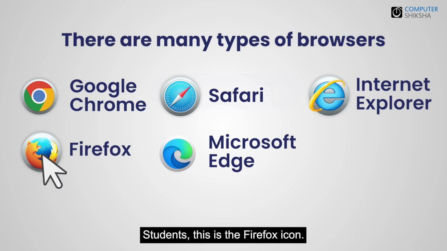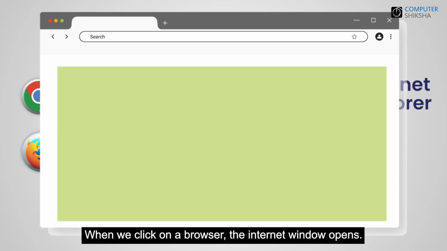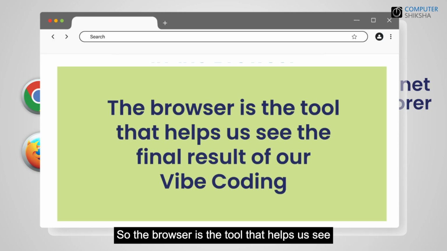Students, this is the Firefox icon. When we click on a browser, the internet window opens. From here, we can go to any website or search for anything. So the browser is the tool that helps us see the final result of our vibe coding project.